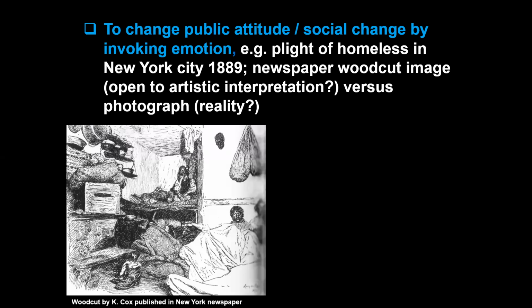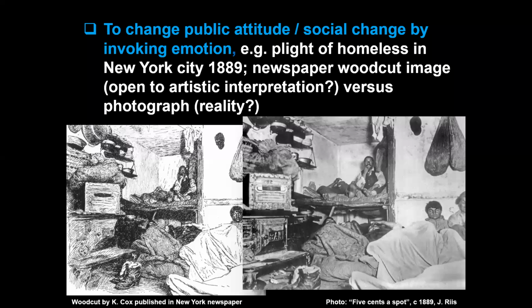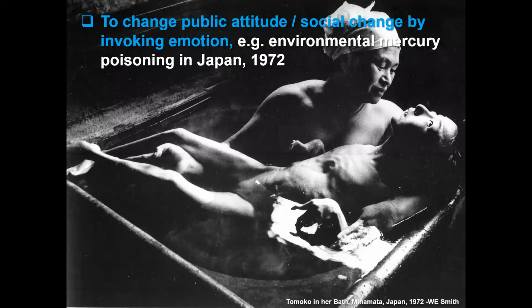So this was the woodcut that was printed in the newspaper, and here's the photograph that the woodcut was made from, and you can see that they're very similar. The perspective is a bit changed, but it was hopefully reflecting reality of the homeless in New York City back then.